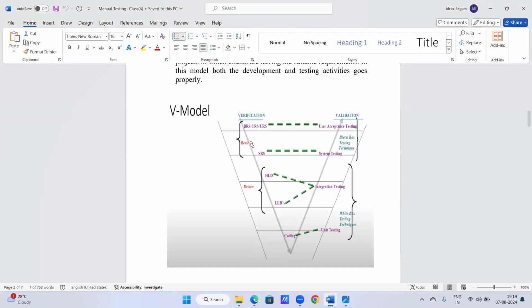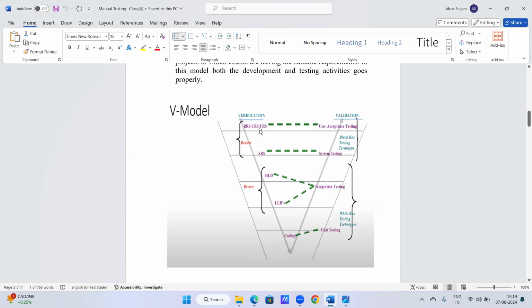So now, see, one part is verification and another part is validation. Now, what is the first phase in the software development process? Collecting the requirements, right? Collecting the requirements from the client. So here, observe BRS, CRS, URS. What does that mean?